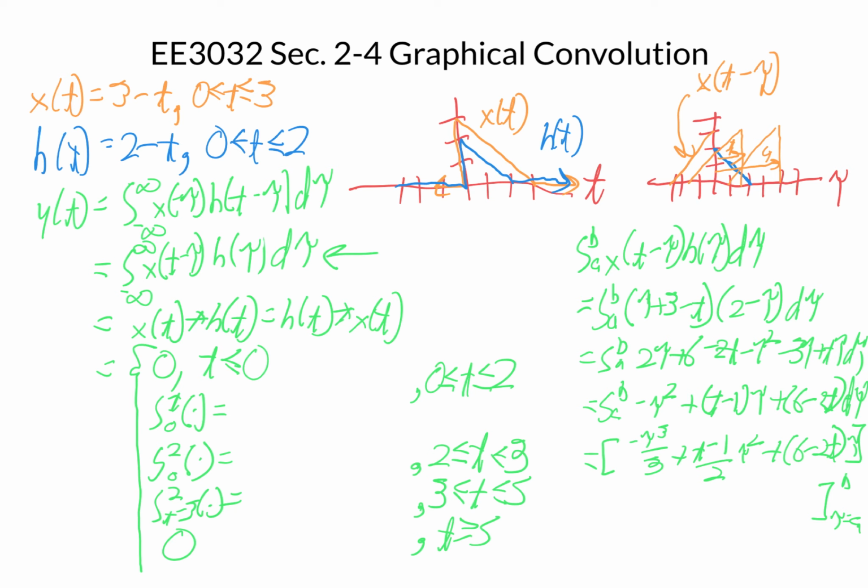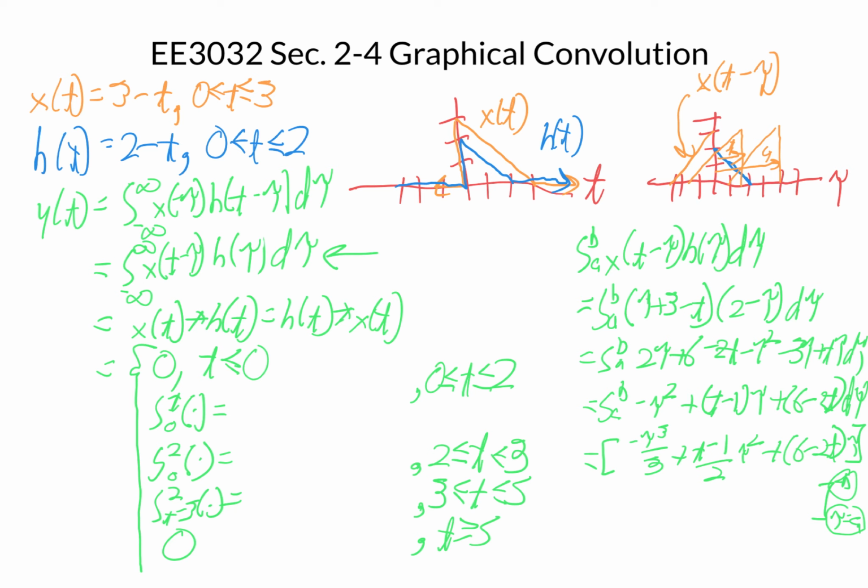I'm doing the integral from 0 to t, so I want this integral where I go from 0 to t, which is going to be this form right here, evaluated at b is equal to t, and then subtract evaluated at the value of tau is going to be 0. So the term tau of 0, since there's a tau in every one here, we'll just be subtracting away 0.